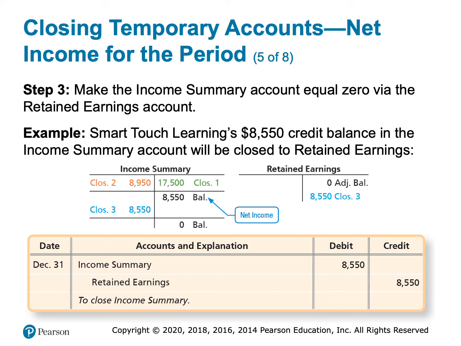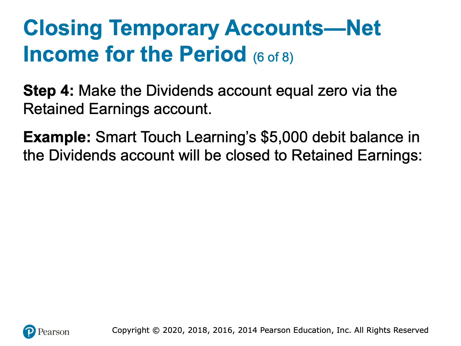Now the last thing that I need to do is close out dividends. If you look back at that adjusted trial balance, dividends have a debit balance of 5,000. So that means to close them out, I want to credit the dividends account. Now, dividends don't go through income summary. Income summary is only income statement accounts. So they go directly out of retained earnings.